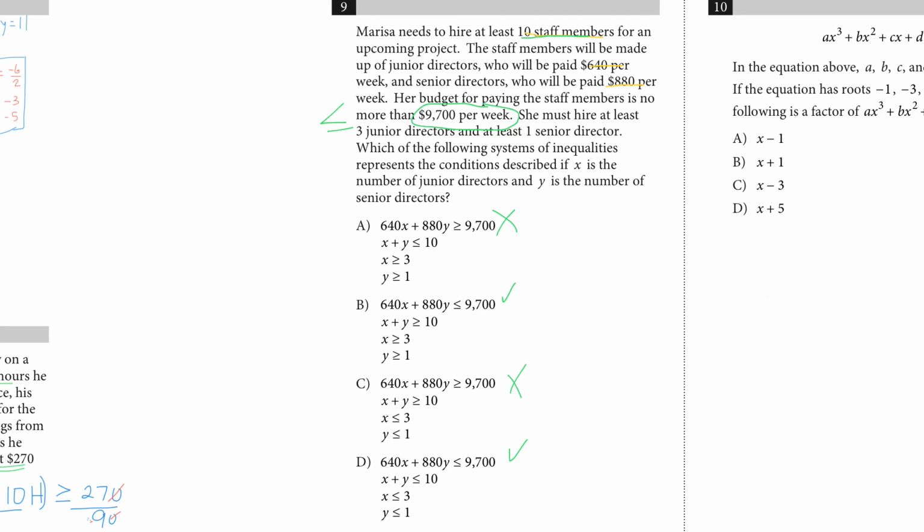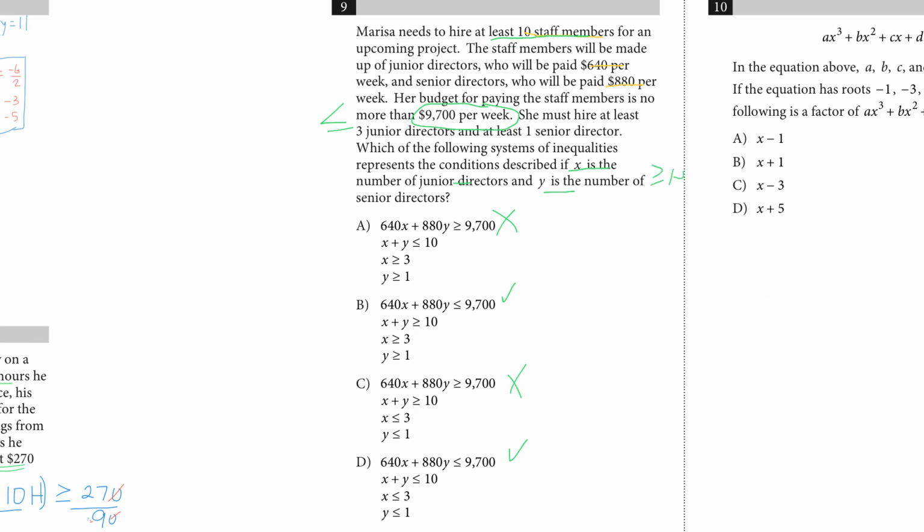Which of the following inequalities describe X, the number of juniors, and Y, the number of seniors? So we know that X plus Y has to be at least 10. At least 10 people are hired. So X plus Y has to be greater than or equal to 10.